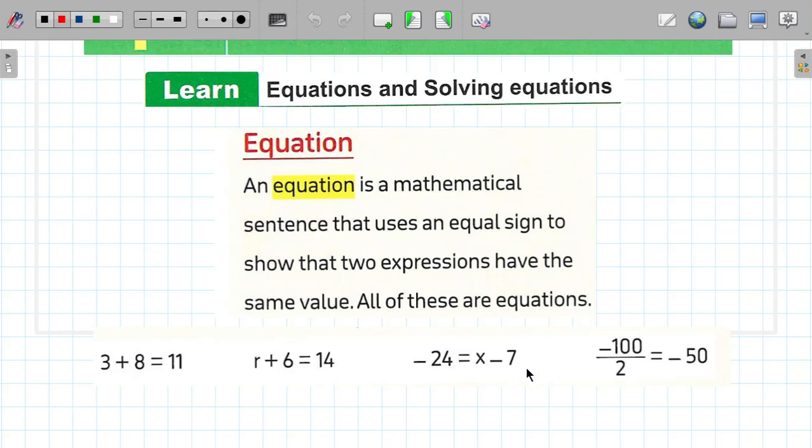I don't know the value of x, but the two sides are equal. Here I have negative 100 over 2 equals negative 50. Yes, it's correct. The two sides are equal. So all of these are equations because I have the equal signs and the two sides of every equation are equal.